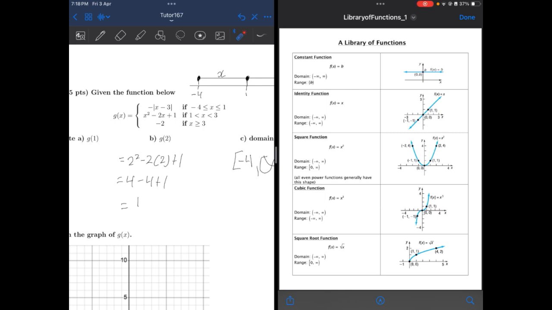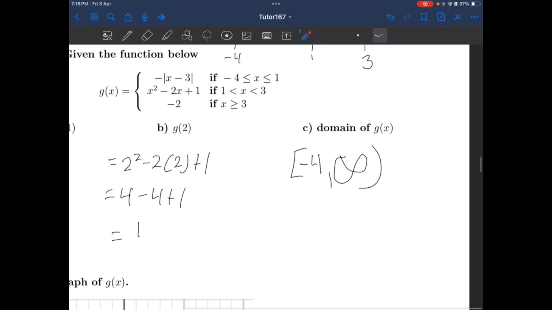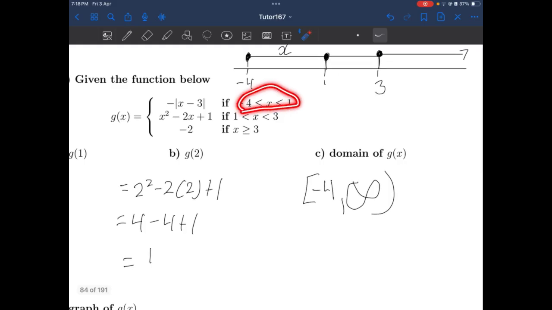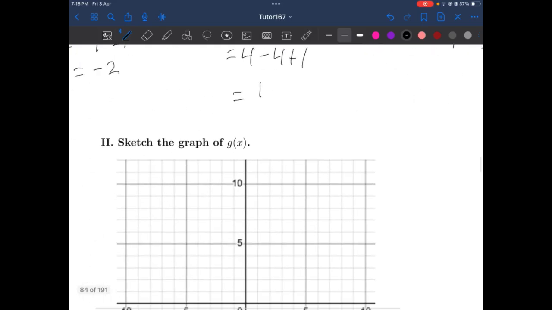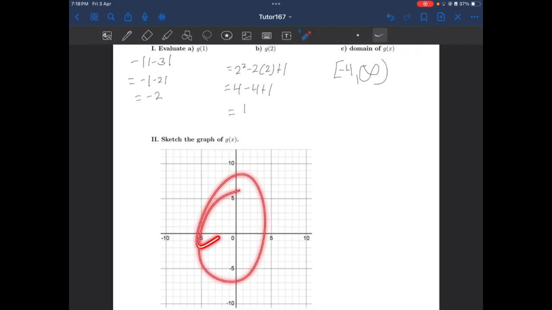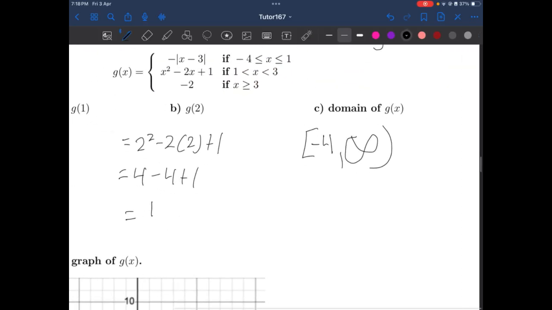So first, for the first absolute value function, I'm going to substitute both of the numbers in this, because this is my boundary. X is less than or equal to 1 but greater than or equal to negative 4. So I have to substitute these numbers in so I could see how far I'm graphing this on the actual graph, because I can only graph between these boundary lines, between these boundary numbers.